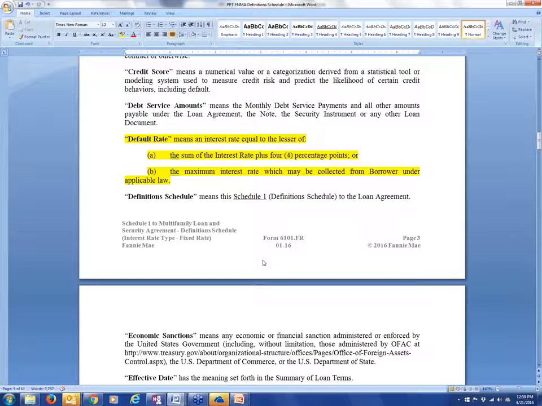If your interest rate right now is at 4%, your payment almost doubled in a month because you are now in a situation where you are in an event of default, and that triggers the default interest rate, and it goes up by 4%. Holy cow. That is huge.